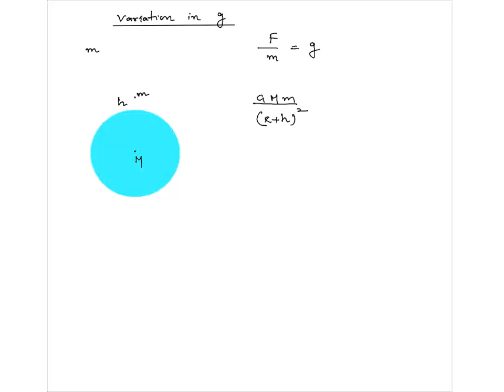That force upon m is small g. So g is GM divided by (R plus h) squared. Obviously, it is falling as h is rising.